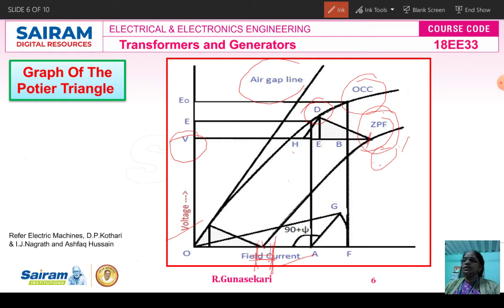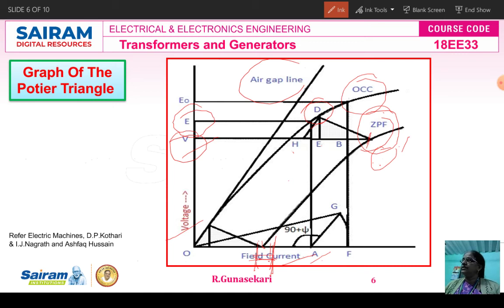If V is the full load terminal voltage and only the armature leakage reactance voltage drop is added to V, then we get E. So capital E is nothing but the voltage behind leakage reactance.